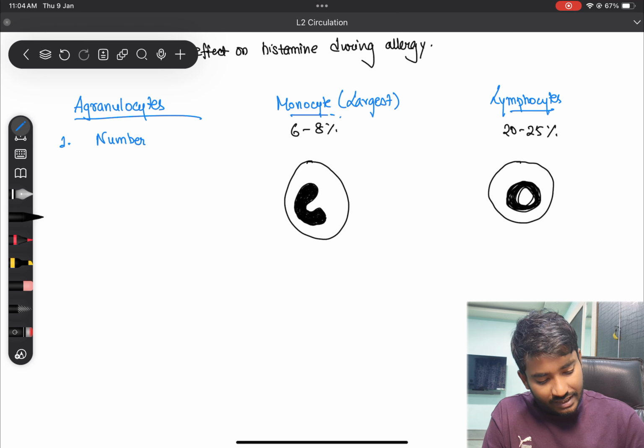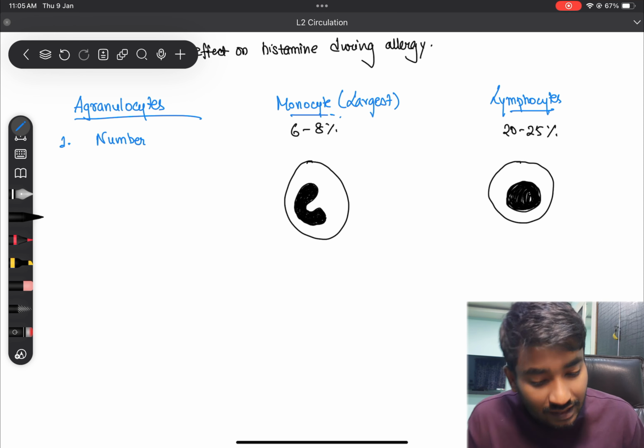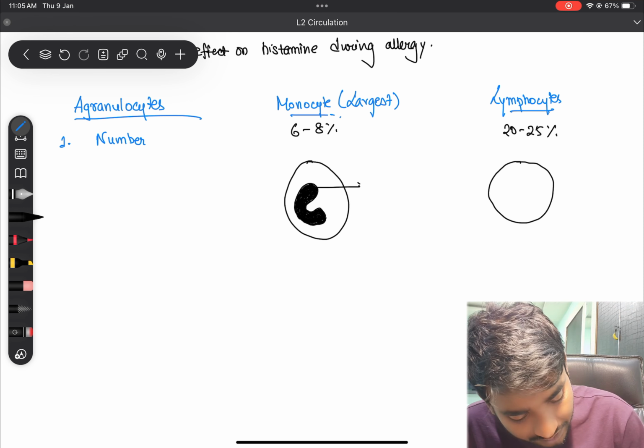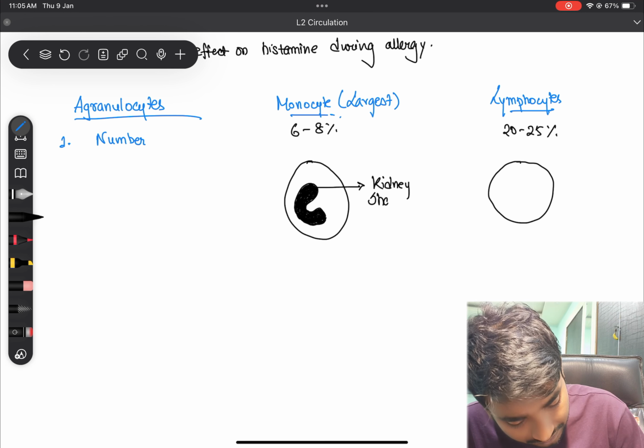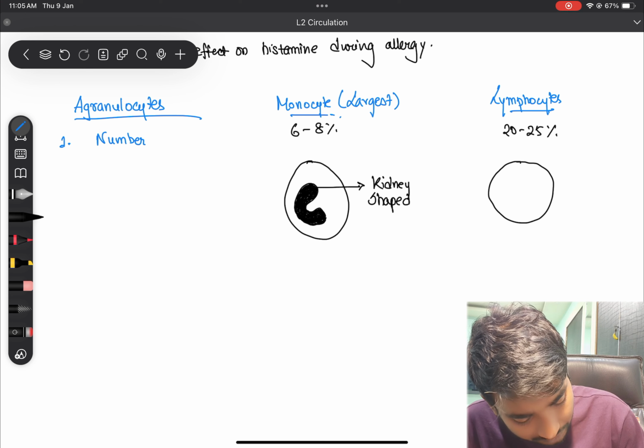This is the lymphocyte. Monocyte is kidney shaped, oblique, bean shaped.